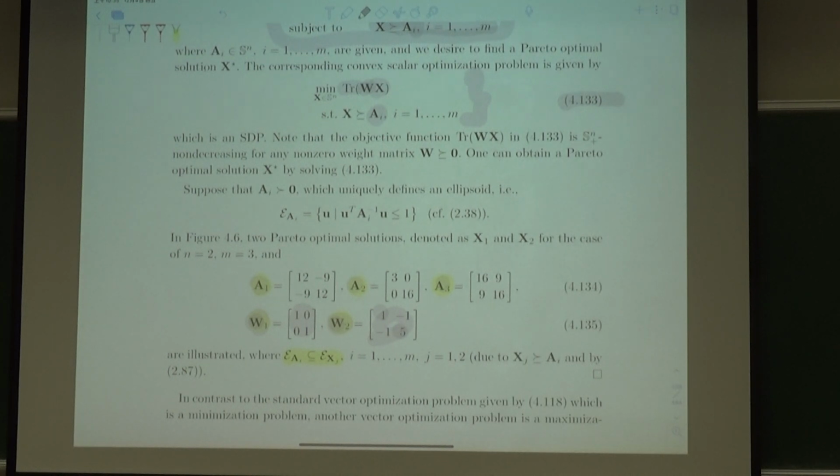You get one solution for W1, let's say capital X1. Then it must contain A1, A2, and A3, right? If you remember, because A1, A2, A3 are PD, X must be a PD matrix. Meanwhile, each PD matrix defines an ellipsoid.